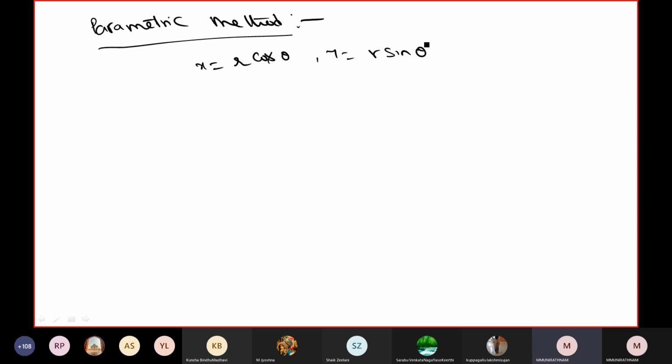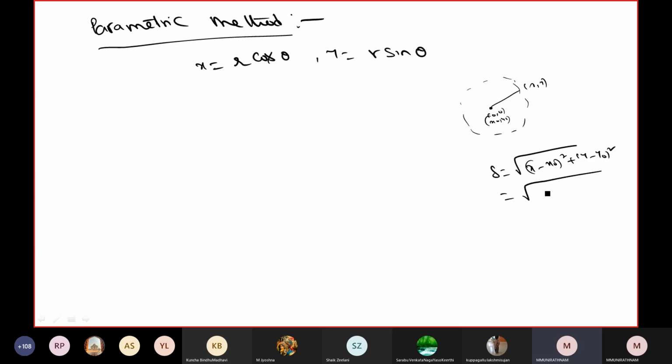In case of neighborhood, the distance between x comma y and some point x naught y naught, assuming this is 0 comma 0, is called delta, nothing but root of x minus x naught whole square plus y minus y naught whole square.